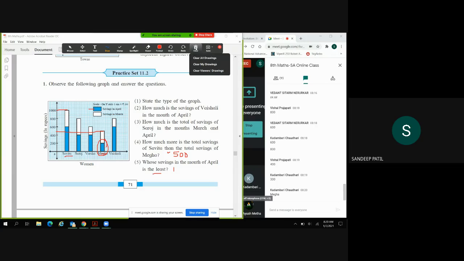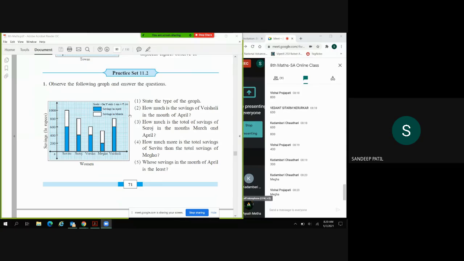So these are the ways we have to analyze the graphical representation. You have to be very careful while seeing this line and where it is projecting on the y-axis, whether it is 800 or 780.